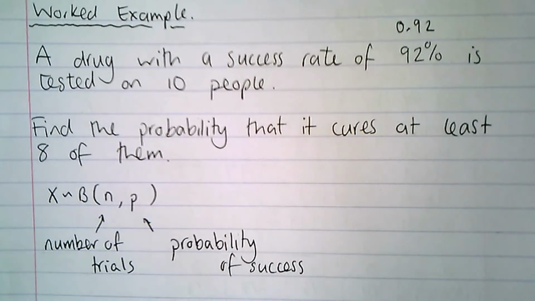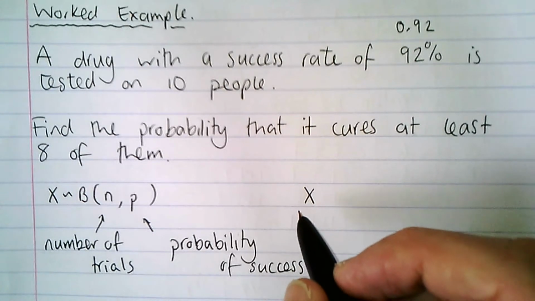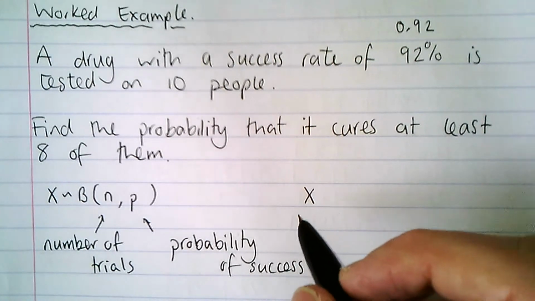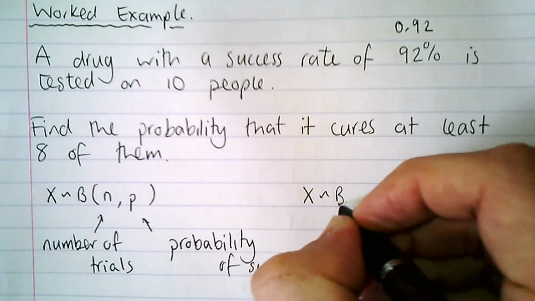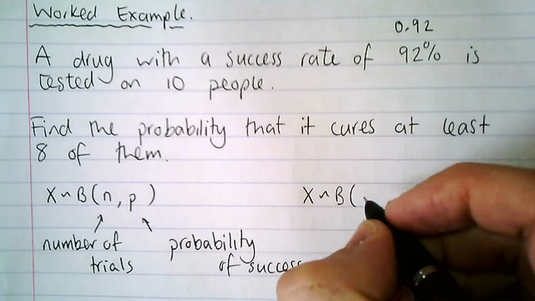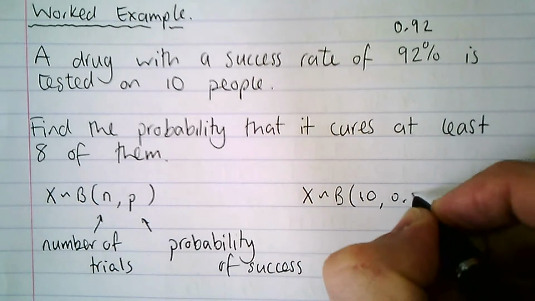In this particular example, the random variable x is how many people are cured. So here x is binomially distributed with number of trials 10 and probability 0.92.